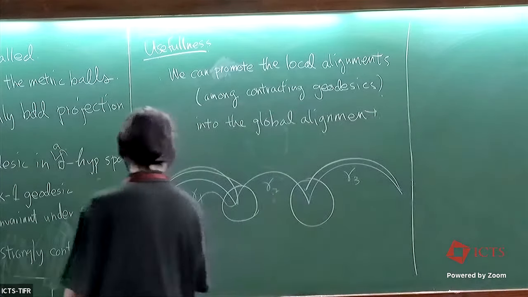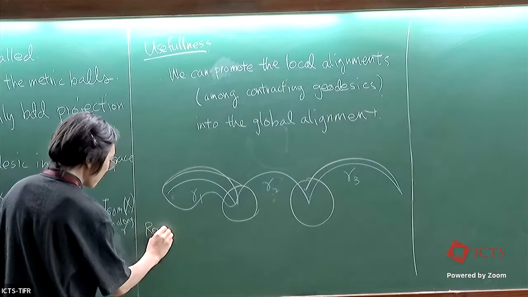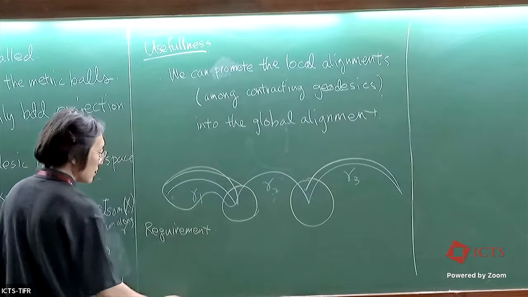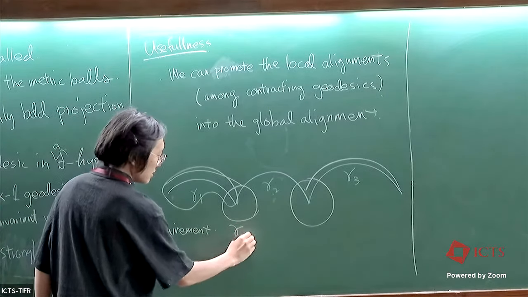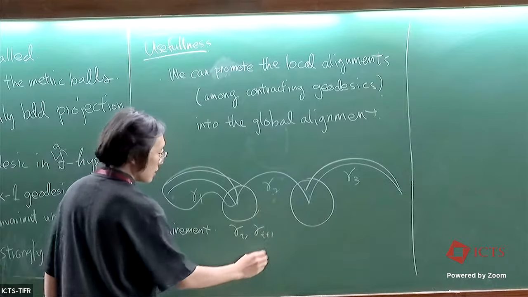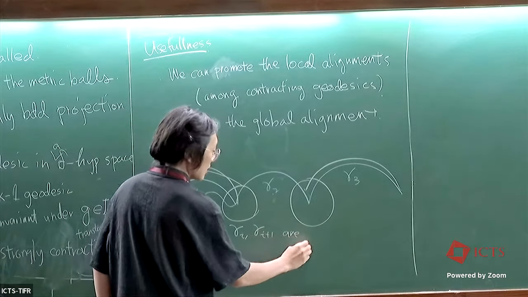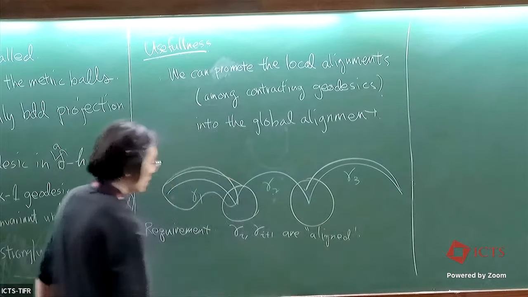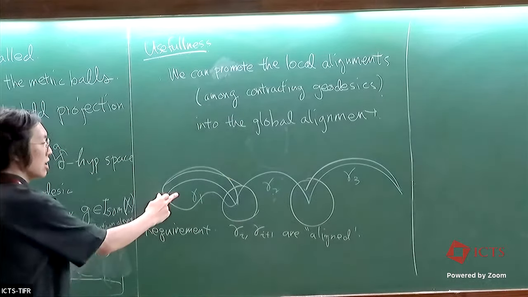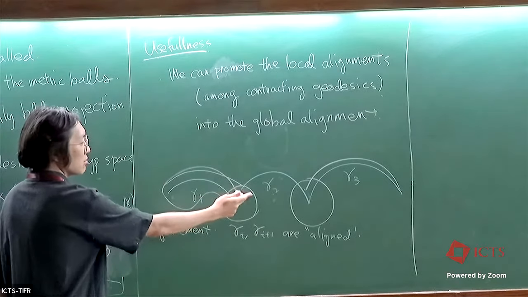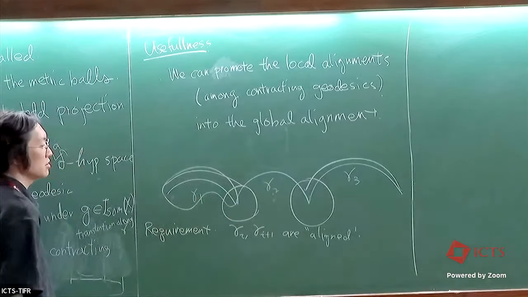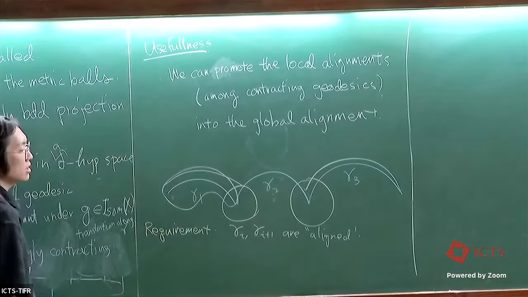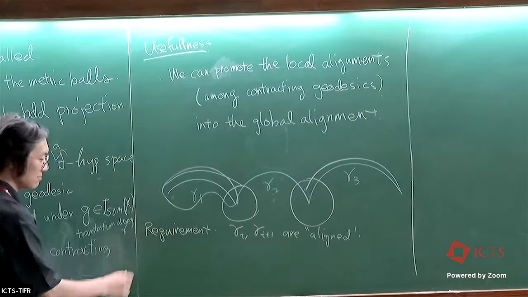So the requirement is that gamma i and gamma i plus 1 are aligned. By alignment, I mean gamma 1 projects onto gamma 2 near the beginning point of gamma 2, gamma 2 projects onto gamma 1 near the ending point of gamma 1, and so on.